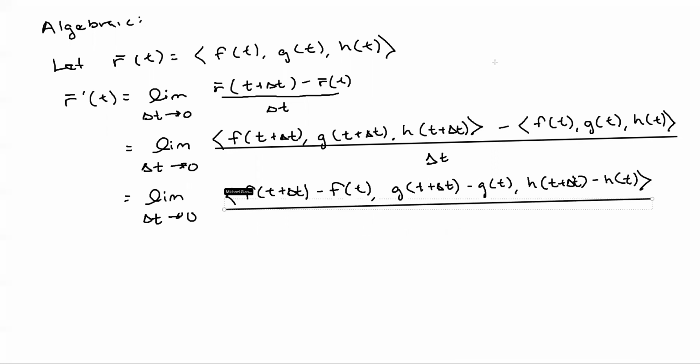Okay, and then we'll have change in t in the denominator. And the change in t here in the denominator is just a scalar quantity. Yes, it's a scalar quantity that's going to 0, but it's just a scalar.